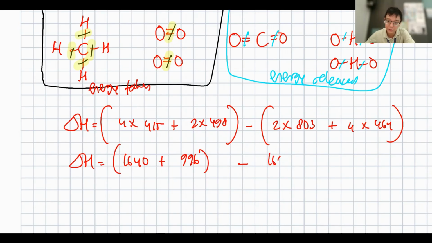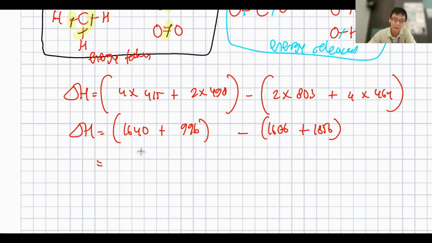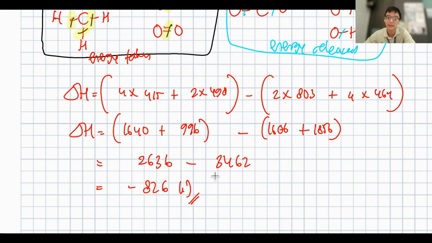Don't forget that this should be the total of everyone. 16, something like this. Therefore, we have this minus this, and we will have negative, I think, yeah? Negative 826, let's say. Okay, so this reaction is considered to be exothermic.